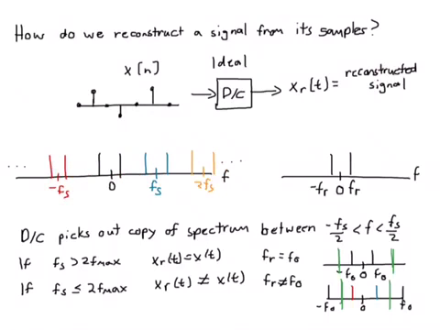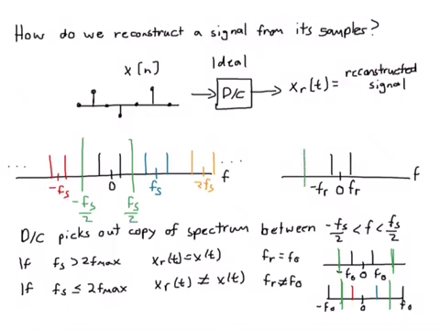What the D to C box does is effectively pick off the copy right around 0. Ideally, everything between minus f sub s over 2 and plus f sub s over 2 is the spectrum of the continuous time signal.